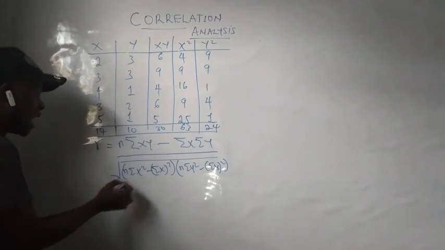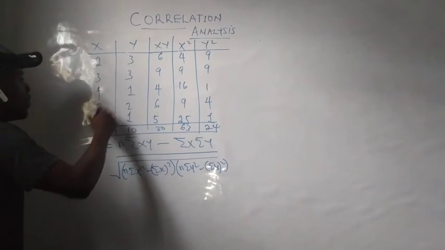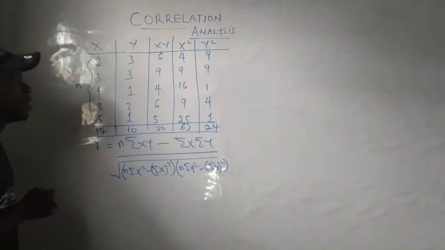So my n is just what? 1, 2, 3, 4, 5. There are 5 observations here.